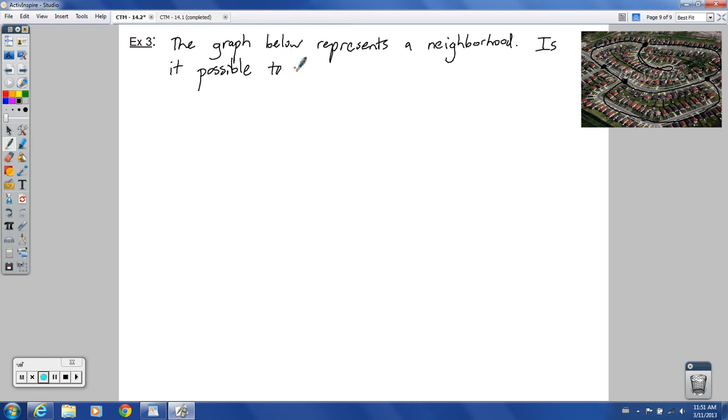So, is it possible to start at one intersection, which would be a vertex? We saw that here in our little graph, the aerial view of the neighborhood right there. Start at one intersection or vertex and walk each street.